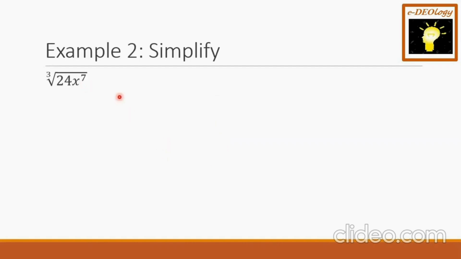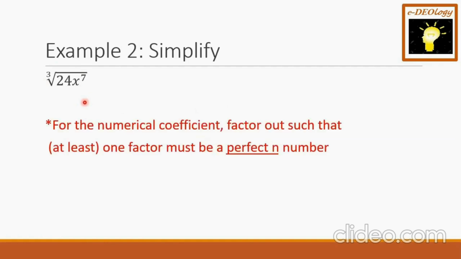Let's have example 2. The cube root of 24x raised to 7. For the numerical coefficient, we will factor out this 24 in such a way that one factor must be a perfect n number.